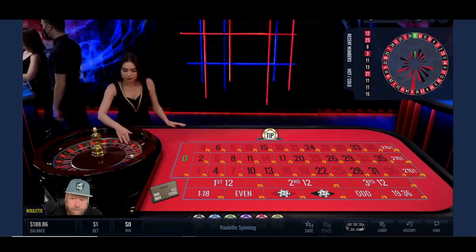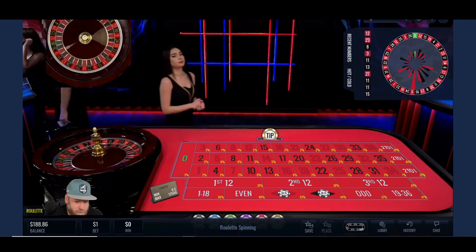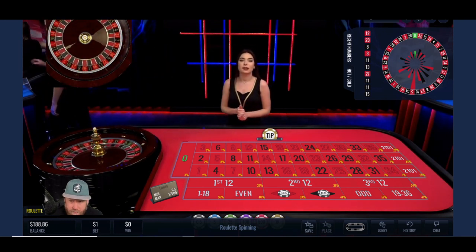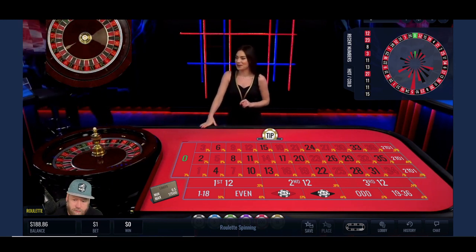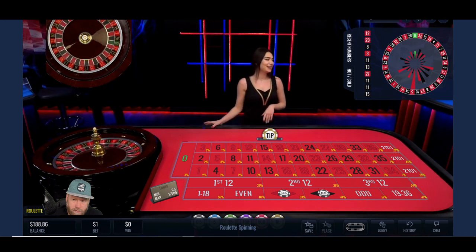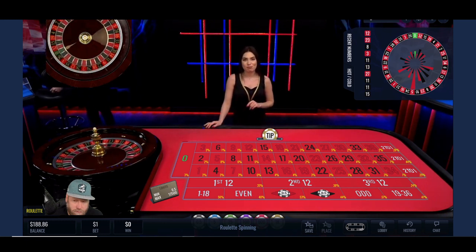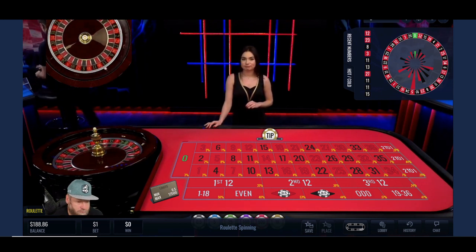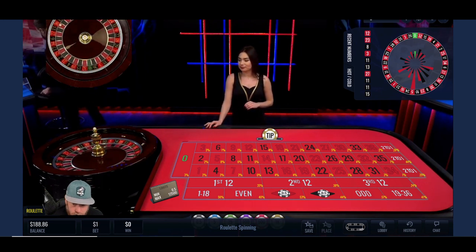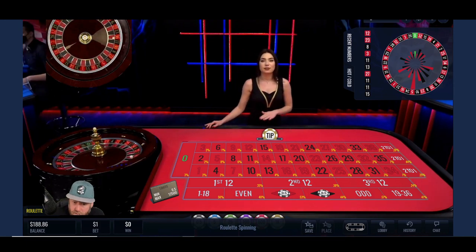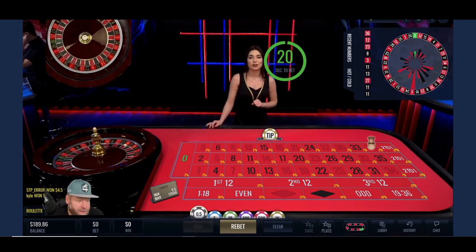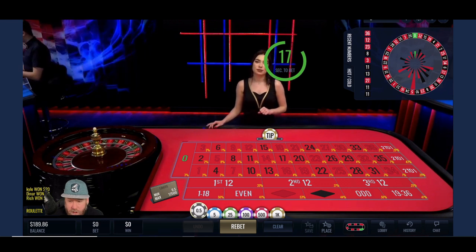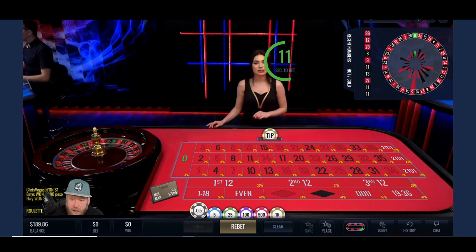Alrighty. $36. Here's the same column, column 3, so we'll see if that column comes out one more time.